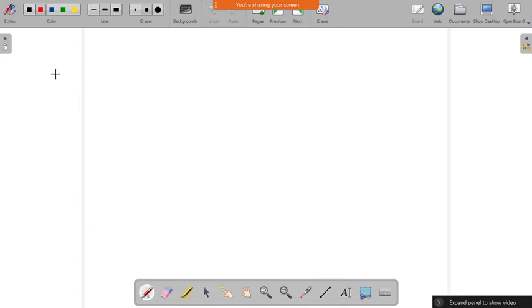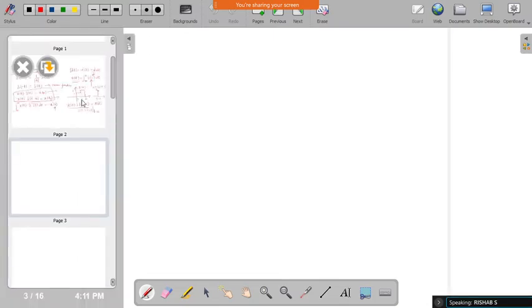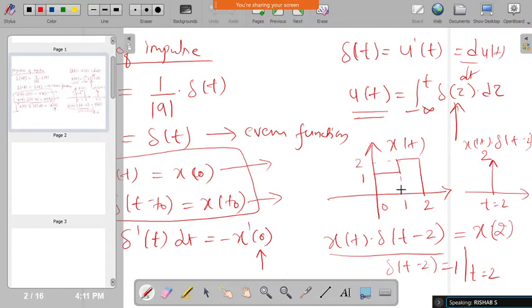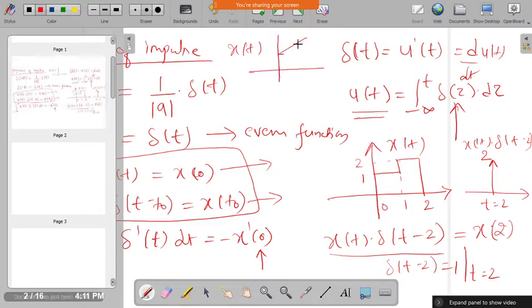Yes sir, at x of 1 we get 1. Since it is an impulse function, let us take x of t like this: at 1 it is 1 and at 2 it is 2.